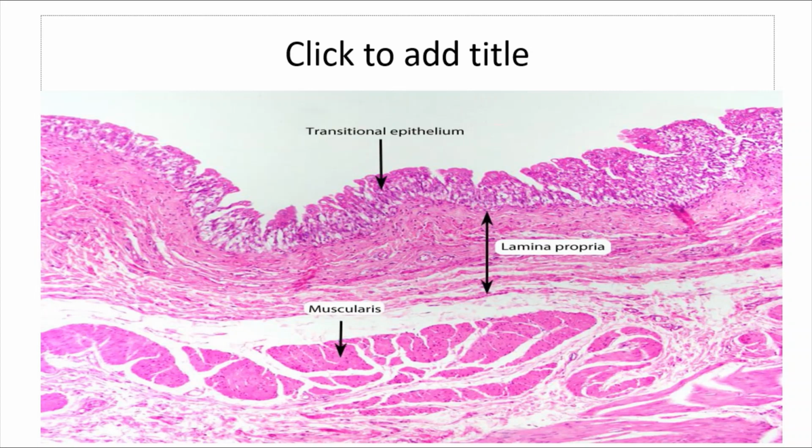This slide is focusing on the muscle layer, the detrusor muscles, which has 3 layers of muscle: the inner longitudinal muscles, the middle circular muscles, and outer longitudinal muscles. All these muscles are smooth muscles.